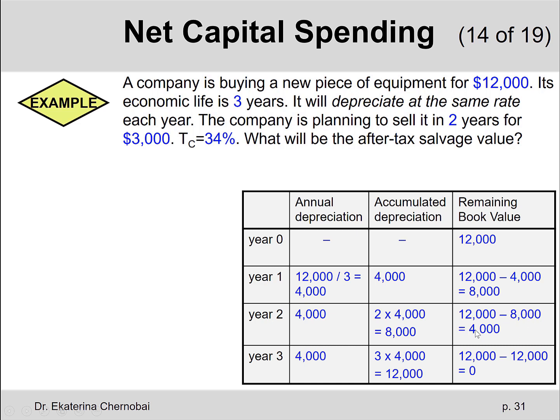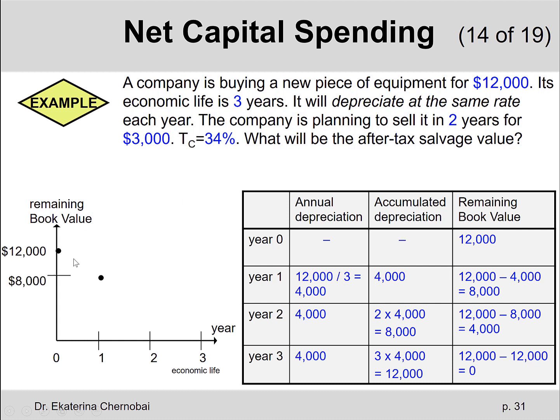So we have only $4,000 of value remaining. And the remaining book value after 3 years is the initial book value, $12,000, minus accumulated depreciation over 3 years, which is also $12,000. And this is how we get 0.